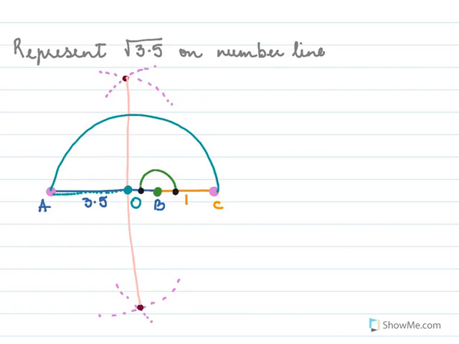Here and here, these 2 points. With an equal radius, cut one arc here, keep at the other point and cut an arc. Now again, keep here and here, and again draw 2 more arcs.